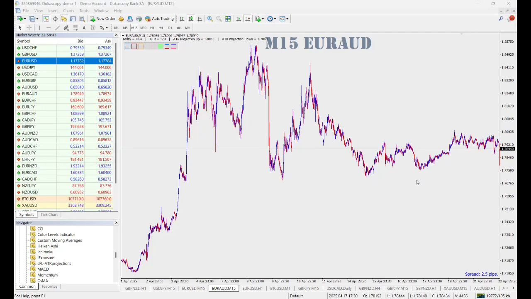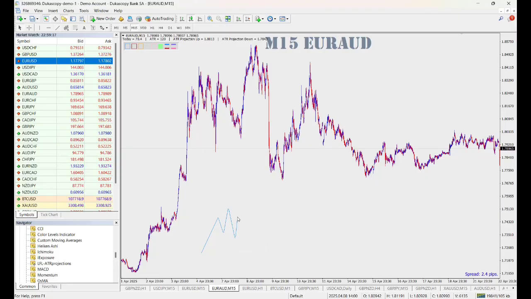Inside of Quasimodo, we typically have a trend that's been established. And then we'll see price make a high, a low, a higher high, a lower low, and then price comes back to the higher high.